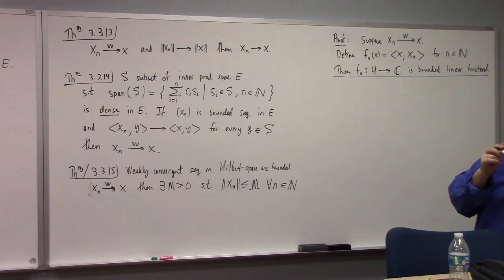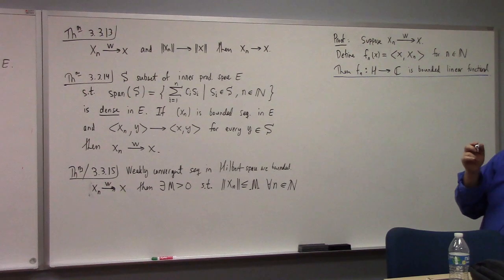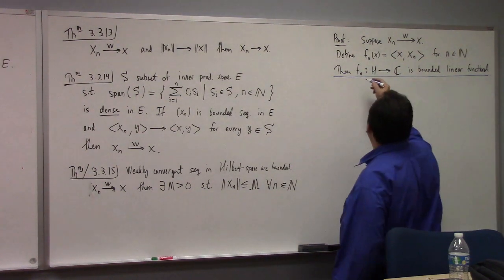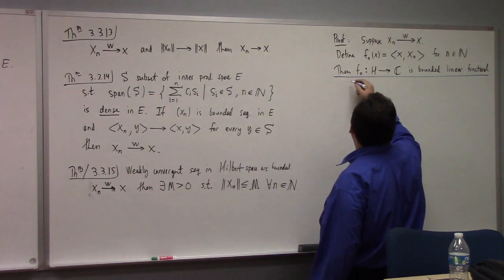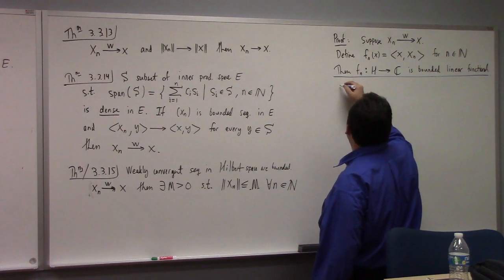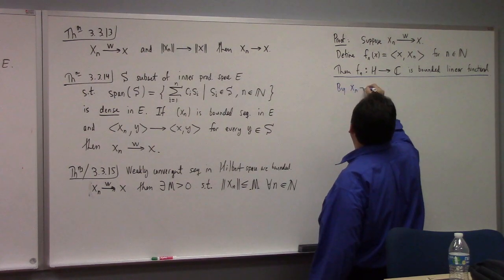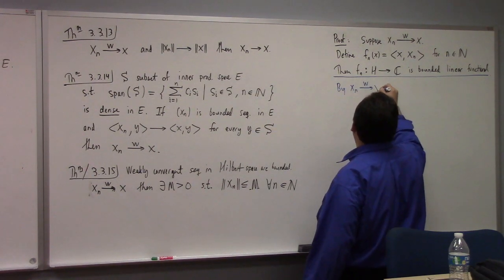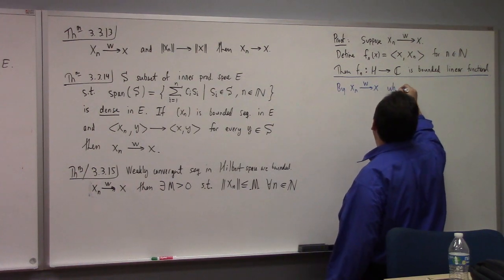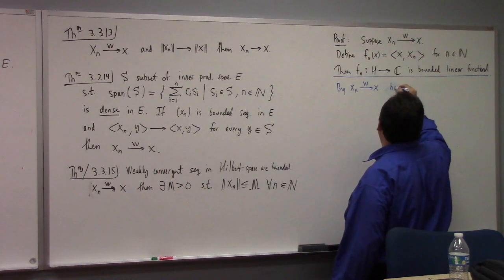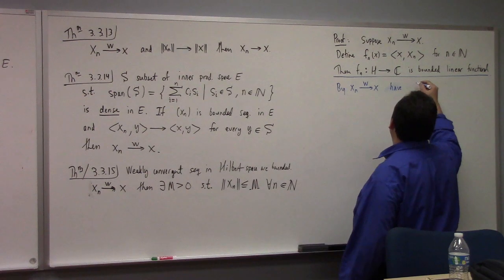All right. He says, okay, since for every x in H, the sequence xn converges. Is that true? Oh, yeah. So by weak convergence, right? By xn weakly converges to x, we have that, how's this go?